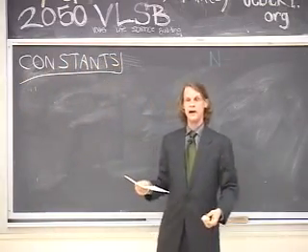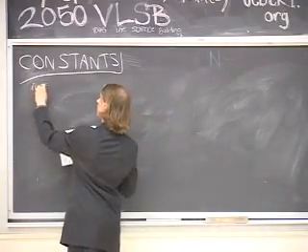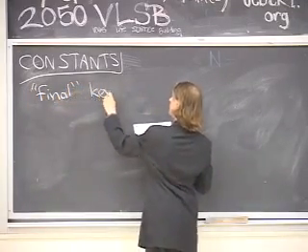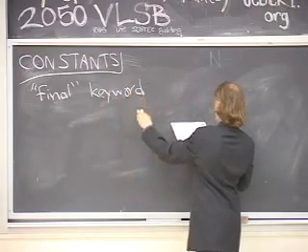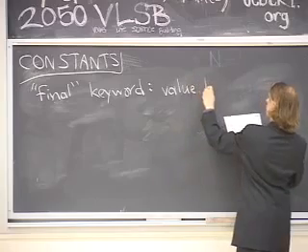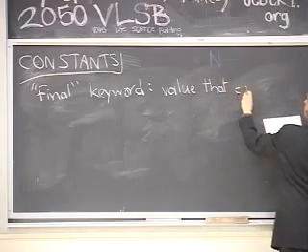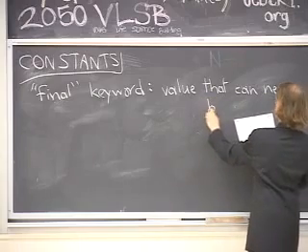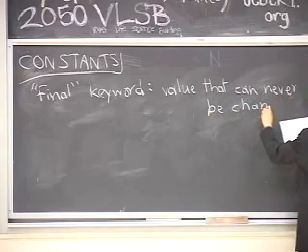In Java, the way you define a constant is with the final keyword. What that means is that you're declaring a value that can never be changed. You assign the value with an initializer, but once you've initialized it, it can never be changed again.